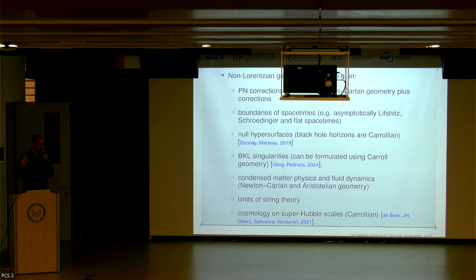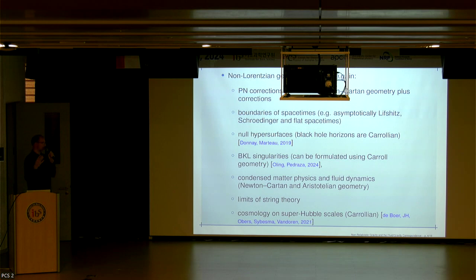If you go to infinity, then you will find some non-Lorentzian geometry there. In fact, this is how I first encountered Newton-Cartan type geometries, because I was studying Lifshitz spacetimes, and it turned out that on the boundary of these spaces, you had to come to terms with the fact that they were not Lorentzian.